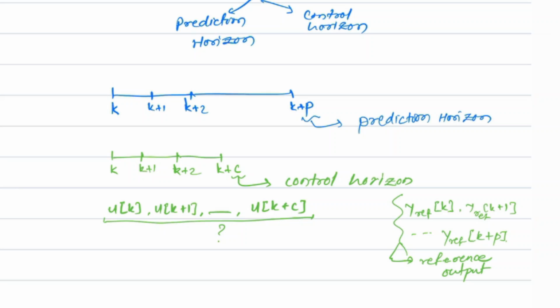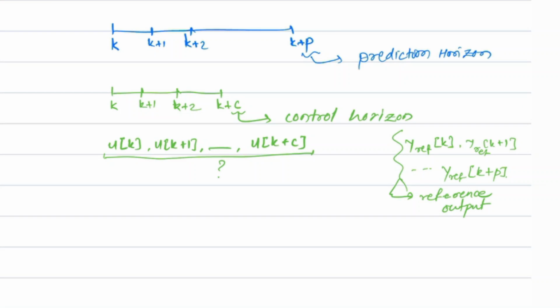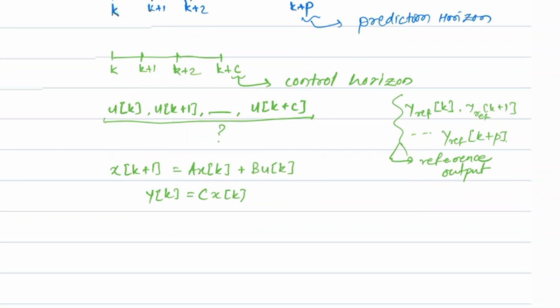For which we will use a model for the system. So let's say that you have a system governed by x k plus 1 equals to A x k plus B u k, and you have y k equals to C x k. So this is a discrete time state space model.